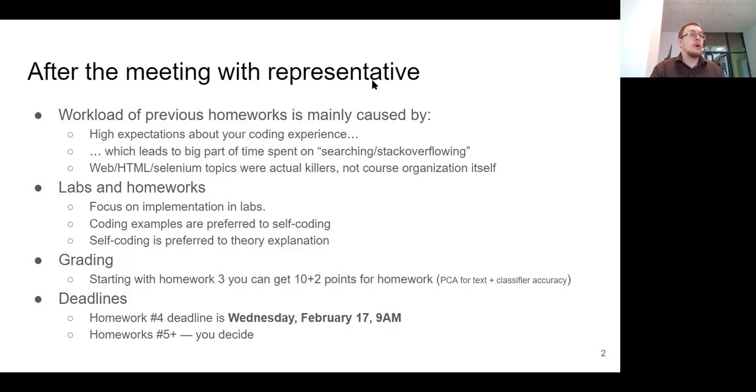For example, some of you know how to filter out unnecessary things in Stack Overflow and documentation and go exactly to the essential parts. Some of you don't, and you spend hours crawling the internet trying to understand what's going on. This is due to my high expectations about your coding experience.